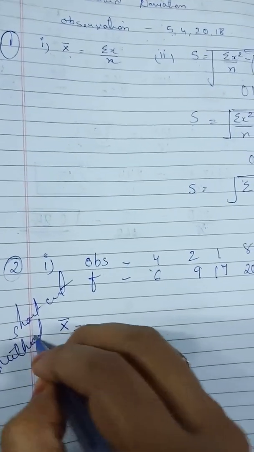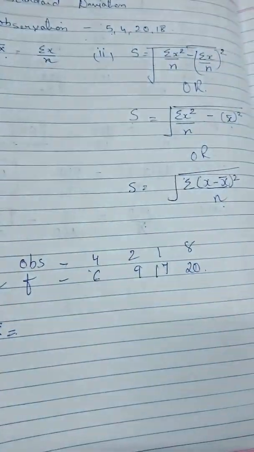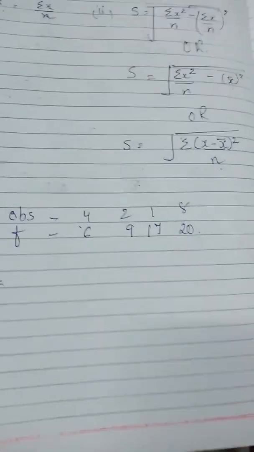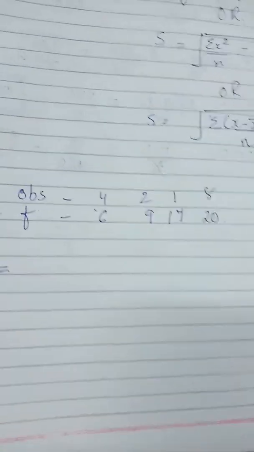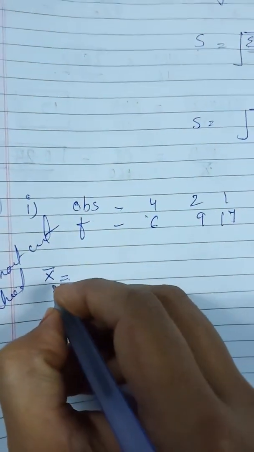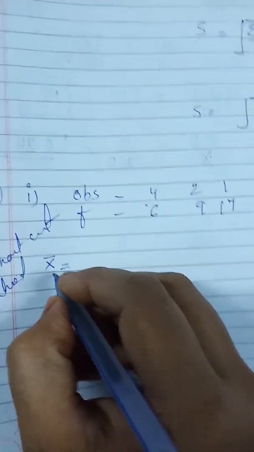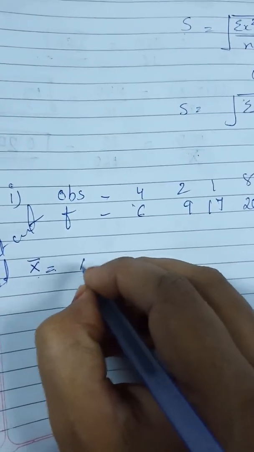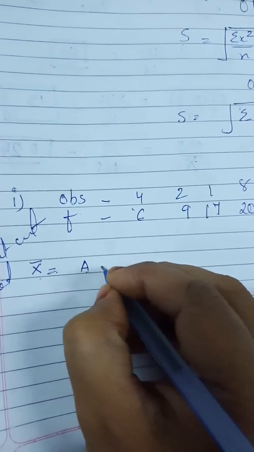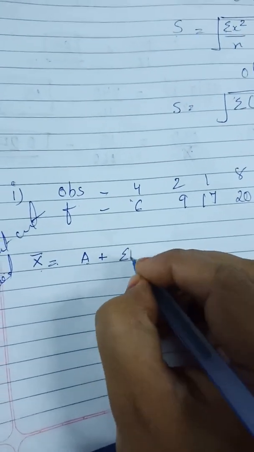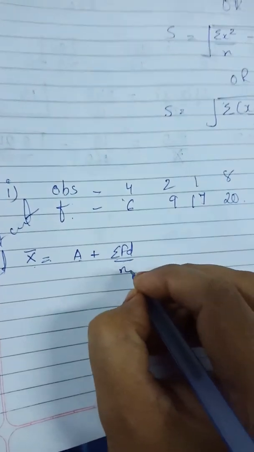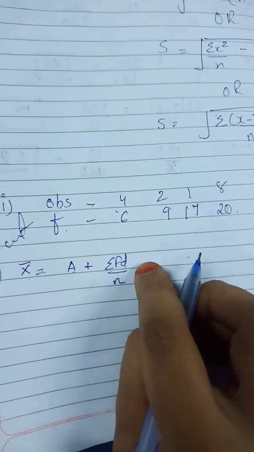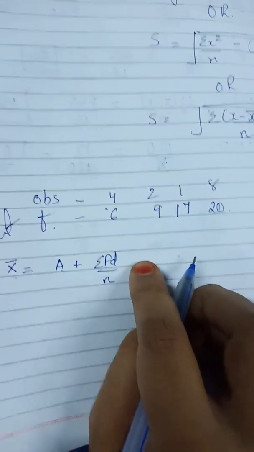method. Shortcut method you have to use when the class is very large, when the frequency distribution or the classes are large, meaning 2 digit or 3 digit. At that time we will be using the shortcut method. So the formula for finding mean will be a plus, where a means assumed mean, plus sigma fd upon n, and here c will not come. When will c come? When the class is there.